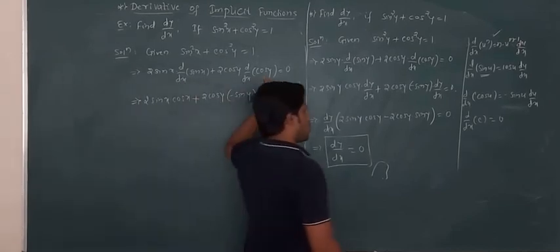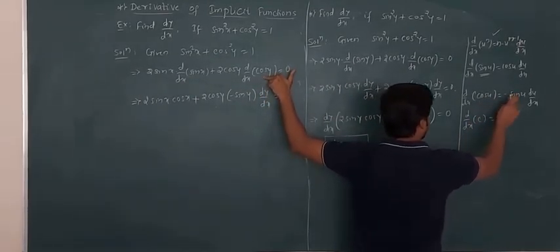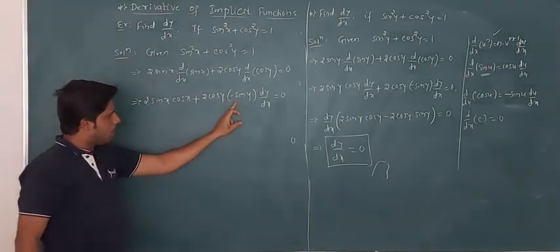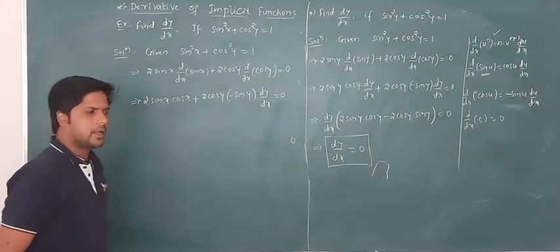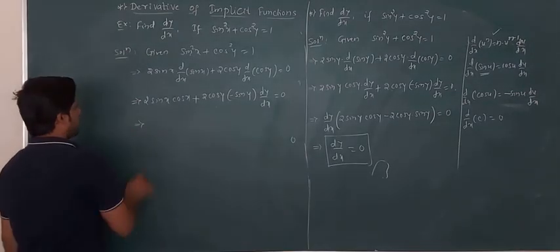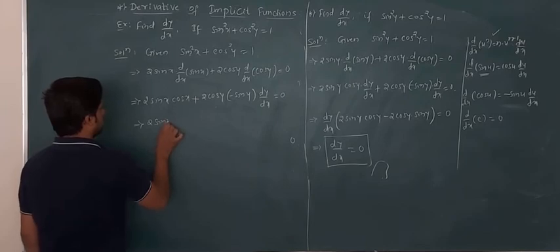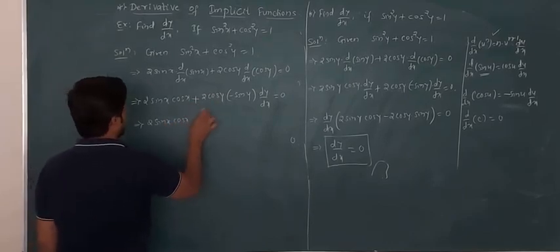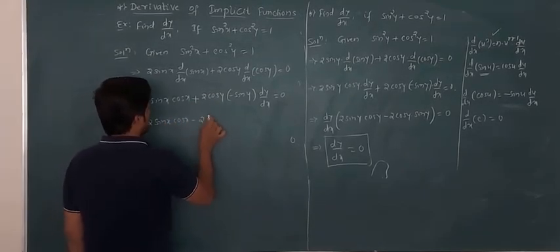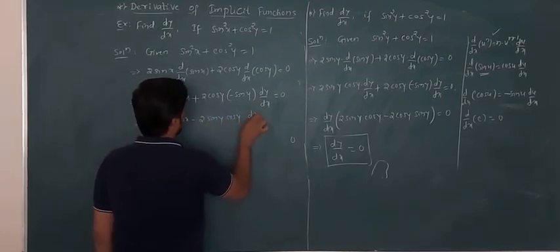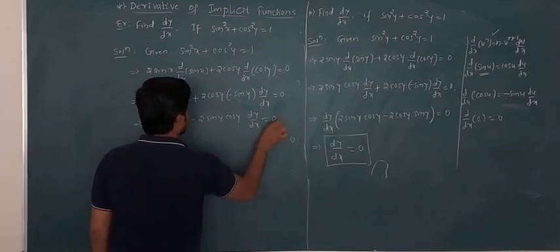So cos u differentiation is minus sin u into du by dx, so cos y differentiation is minus sin y into dy by dx. After simplifying we get 2 sin x cos x plus minus 2 sin y cos y into dy by dx is equal to 0.